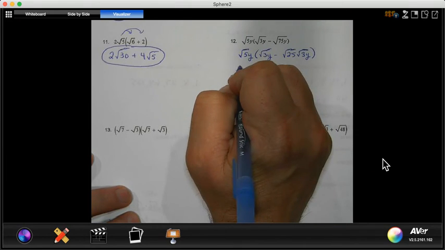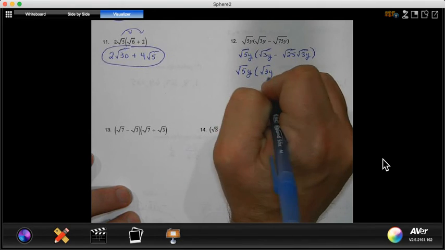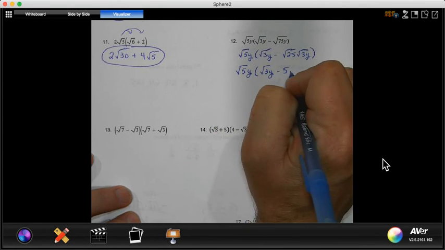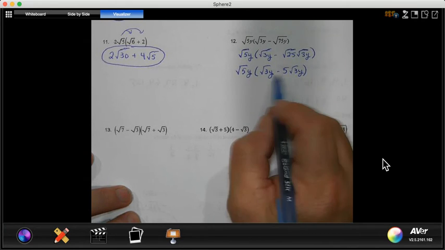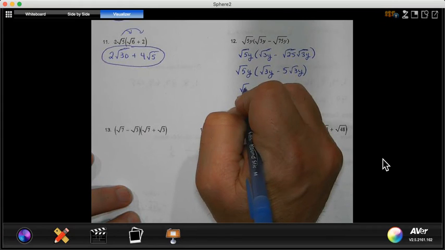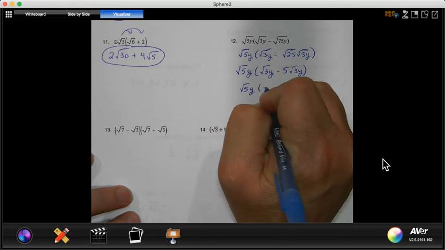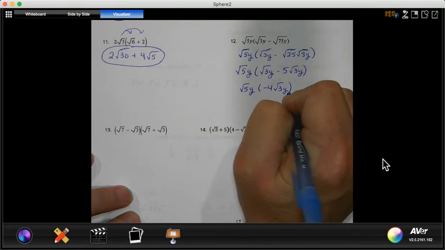So root 5y, parenthesis, root 3y minus 5 root 3y. Combine like terms on the inside, 1 minus 5 is negative 4. So root 5y, parenthesis, negative 4 root 3y.